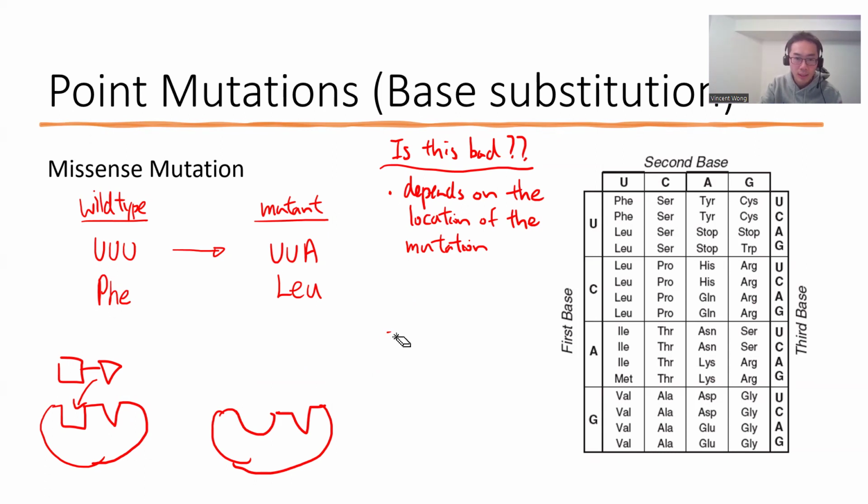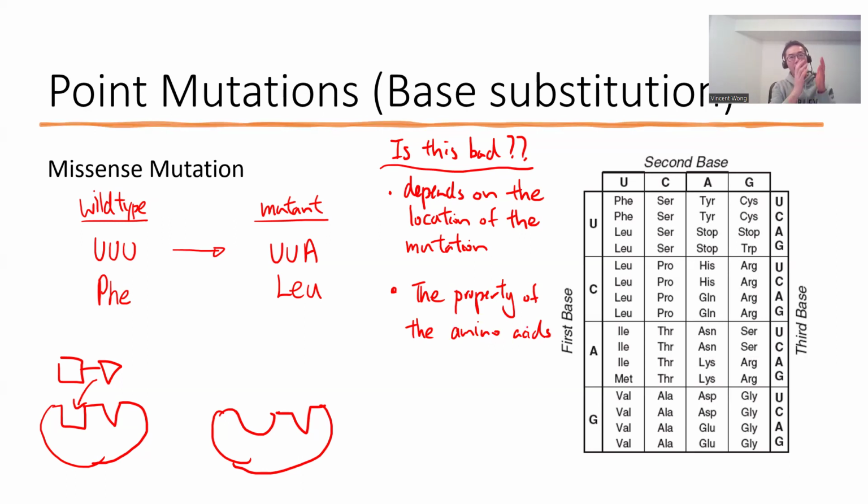Number two, it depends on the properties of the amino acid. Long time ago, lecture 2 now, I think, we talked about proteins and amino acids. I hope you remember the amino acid has side chains. Some side chains are acidic, some are basic, some are hydrophobic, some are hydrophilic.